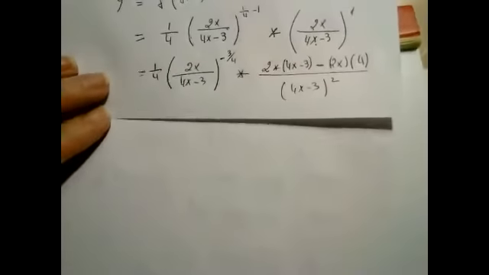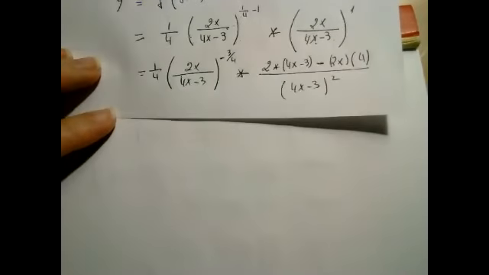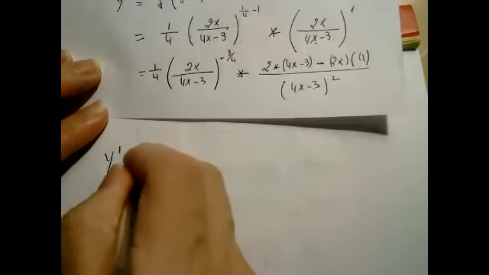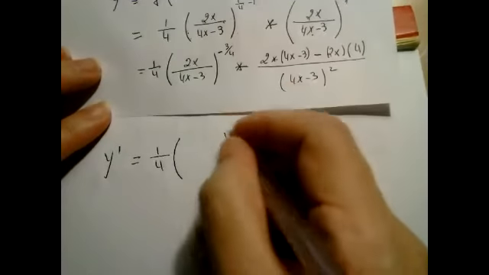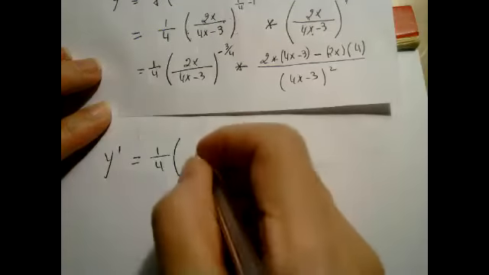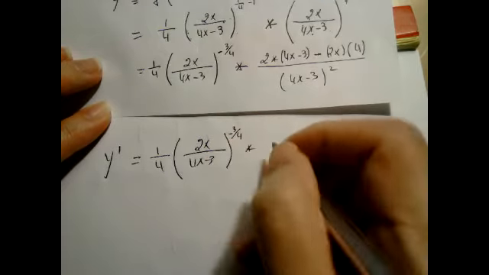So, okay, so finally it's going to give me, I will keep this in front so you guys can write and I can read. So y prime equals 1 over 4, this expression to the minus 3/4 times.